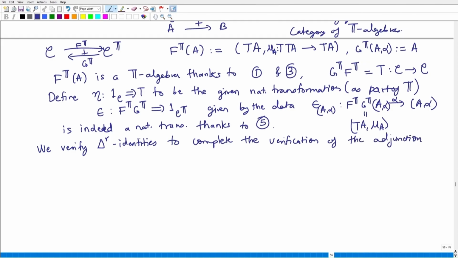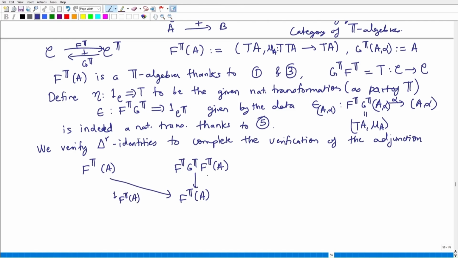Okay, so what are triangular identities? I am not going to write it in the functorial form. I will directly write it by applying those functors to the objects. So we have F_T A to F_T G_T F_T A, and here I have F_T A. Obviously this is 1 sub F_T A, nothing is happening over here.